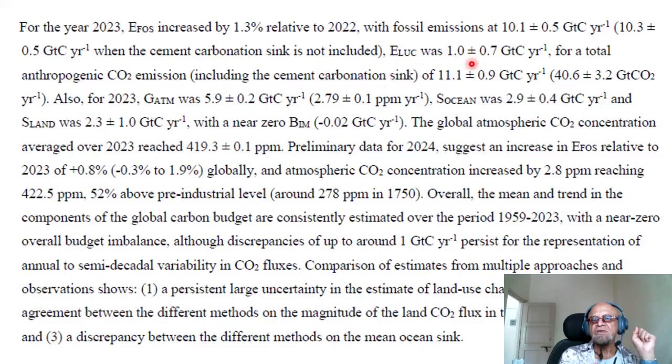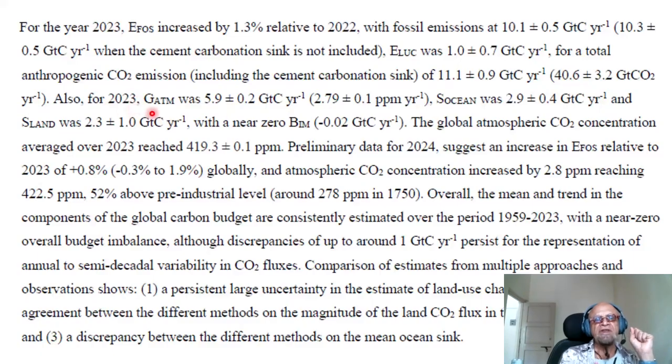The land use was 1 gigaton carbon per year, with a fairly large uncertainty, for a total anthropogenic CO2 emission, including the cement carbonation sink, of 11.1 gigaton carbon per year.